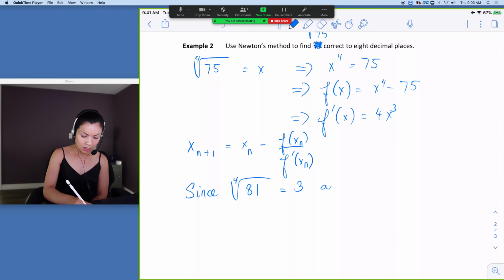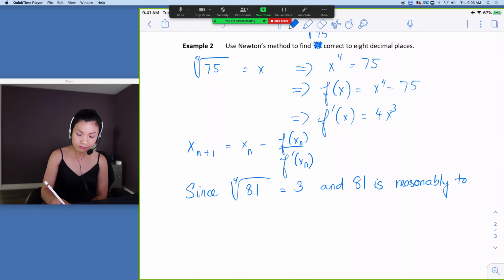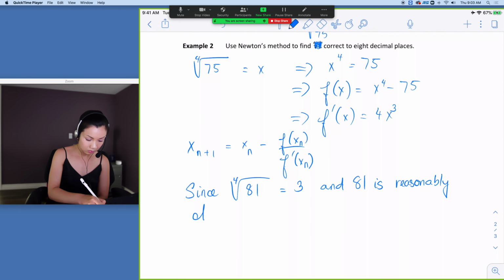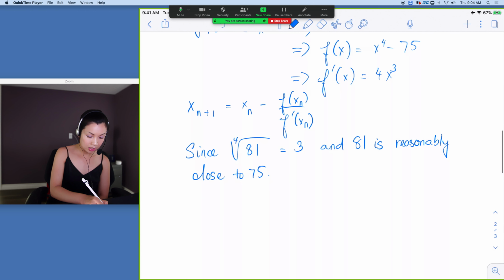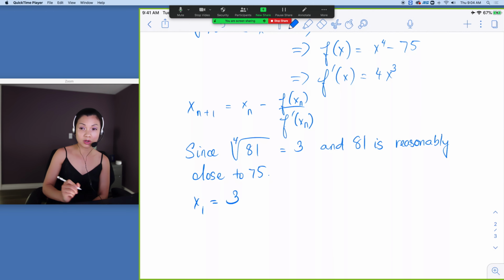And 81 is pretty close to 75. So I'm going to pick x1 to be 3.